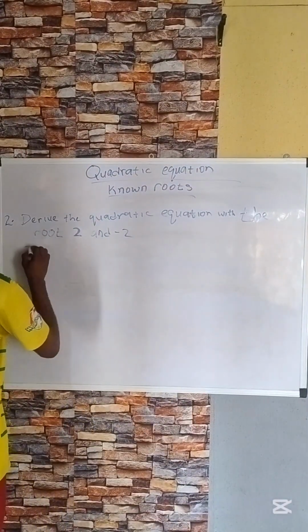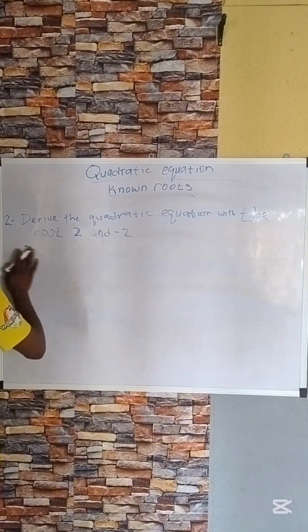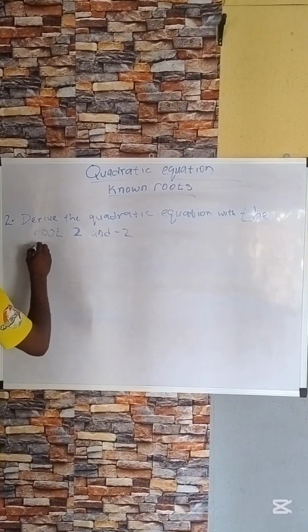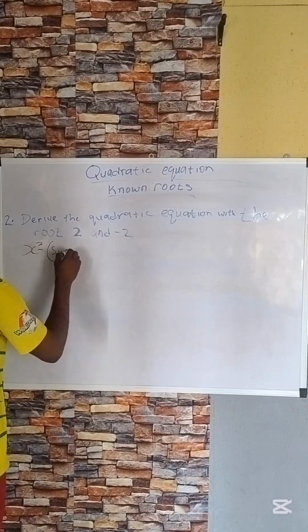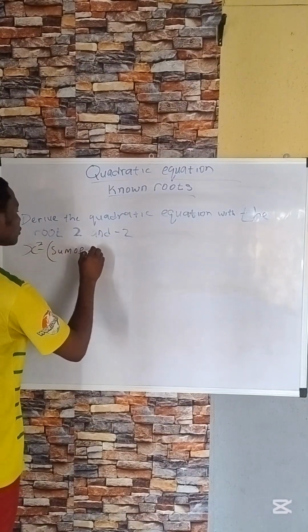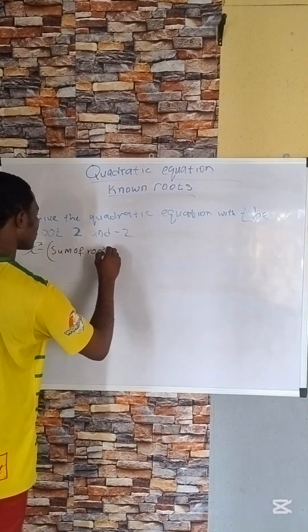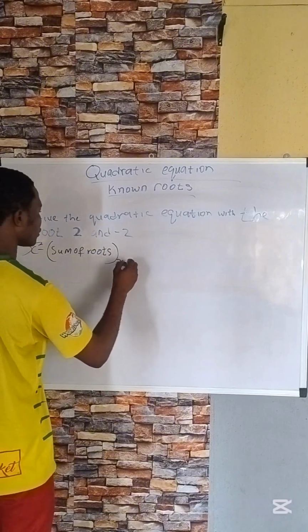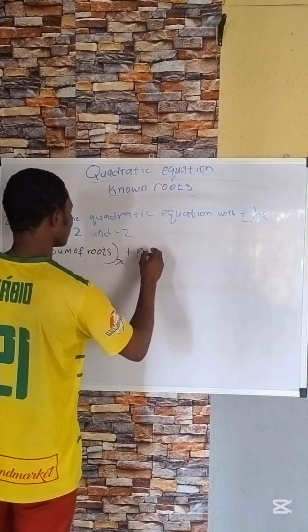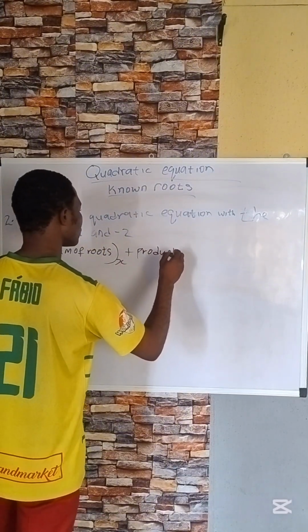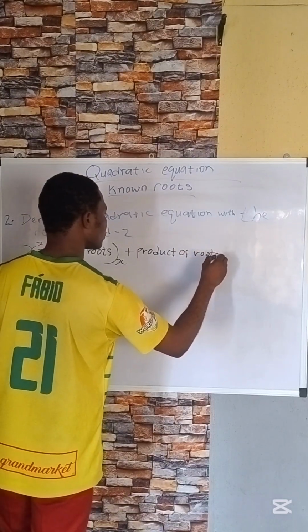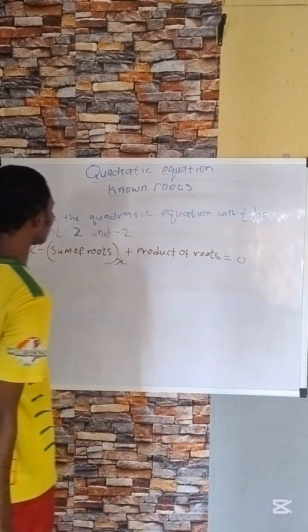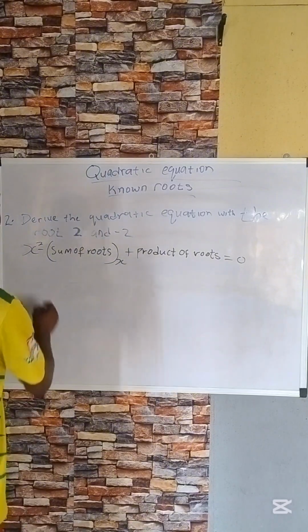The formula is x squared minus sum of roots x plus product of roots equals 0.